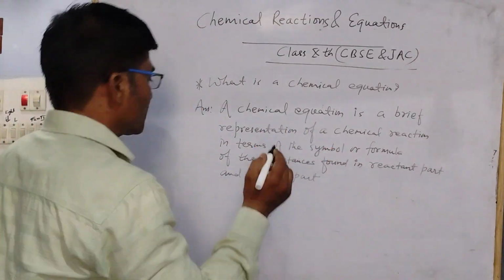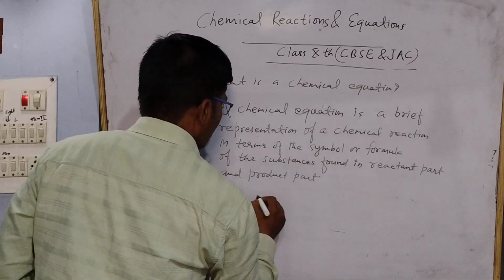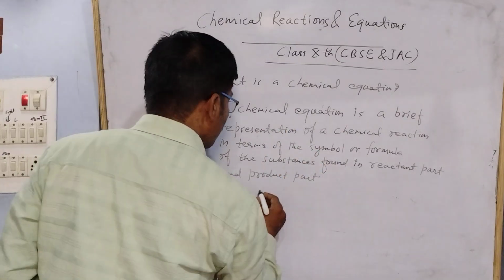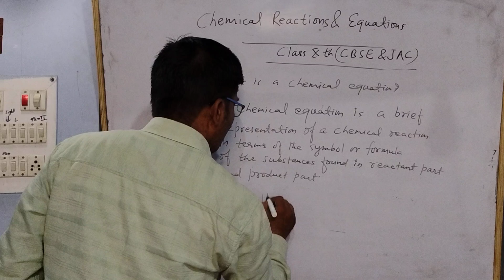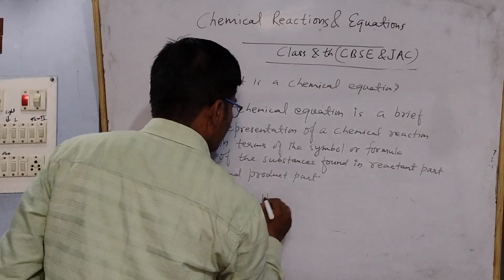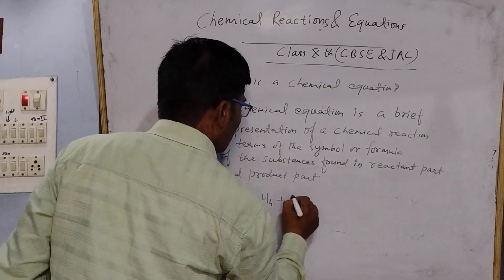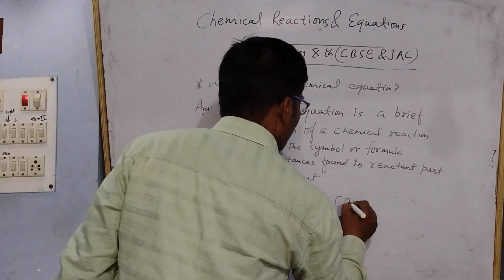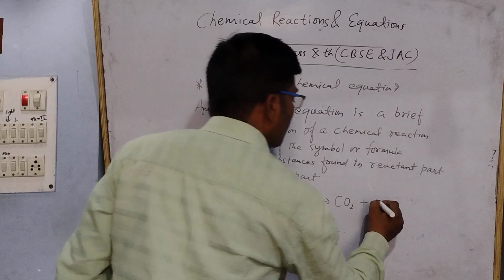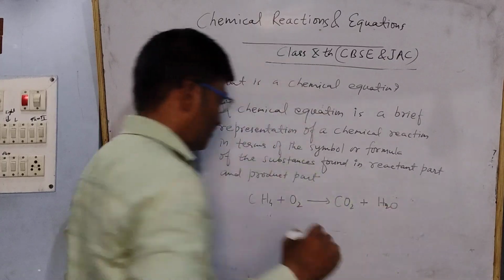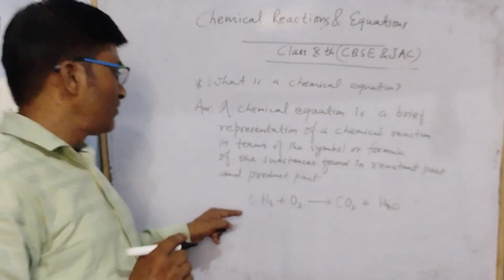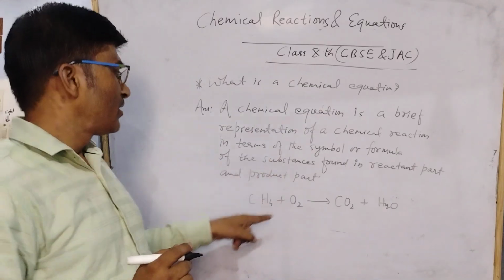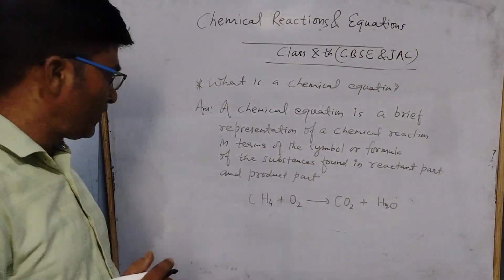Okay, a very common example: CH4 plus O2 gives CO2 plus H2O. This is an example of a chemical equation.